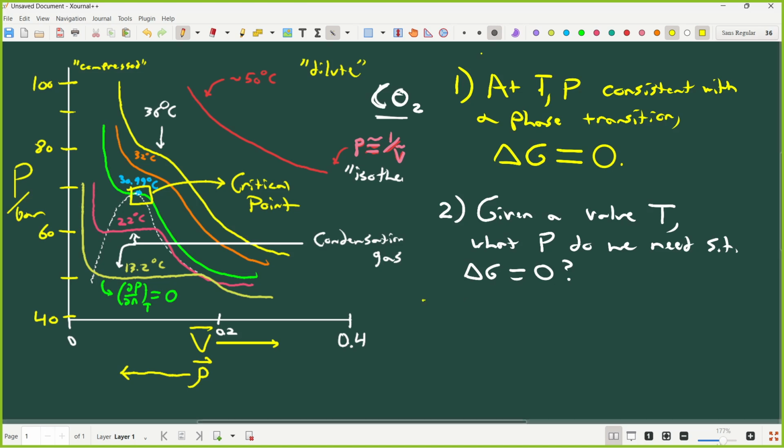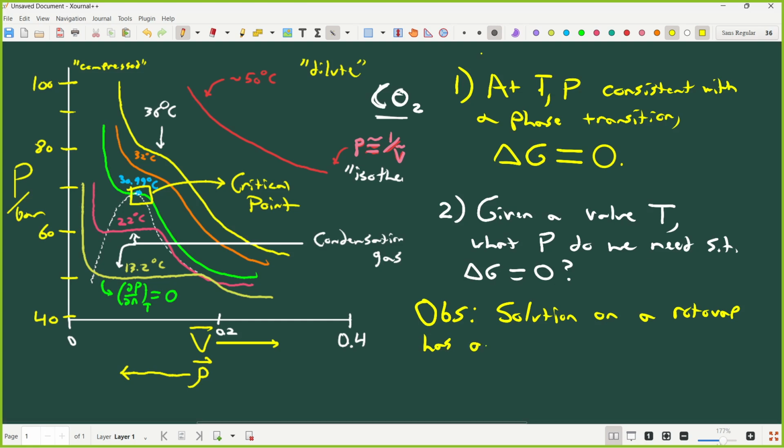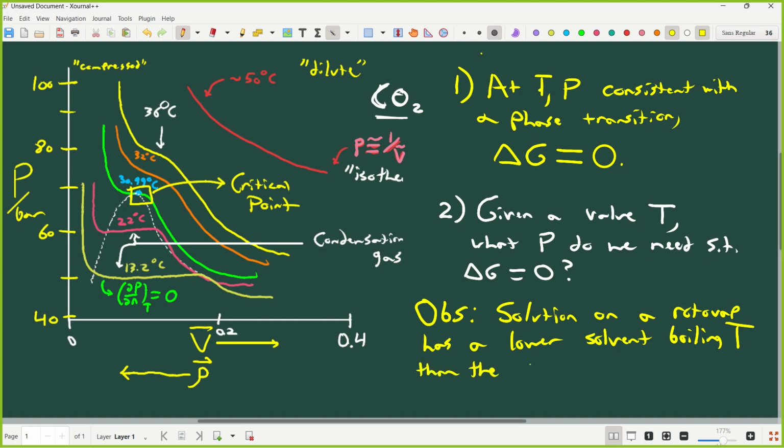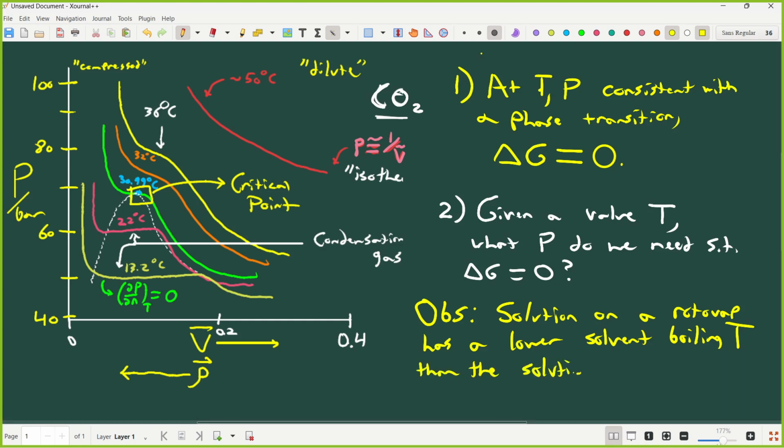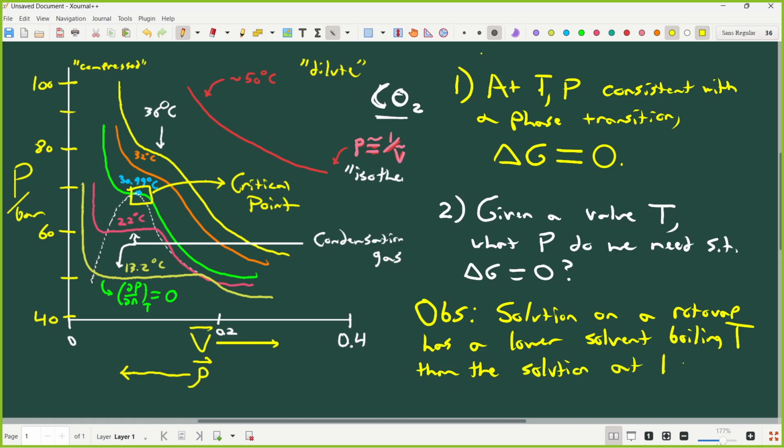The observation, I'm just going to write this here, is that a solution on a rotovap has a lower solvent boiling temperature than the solution at 1 atmosphere.